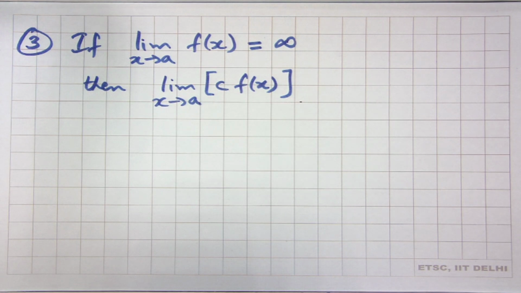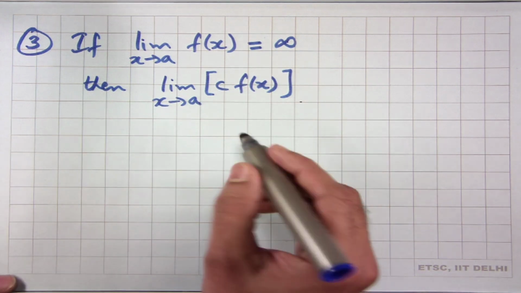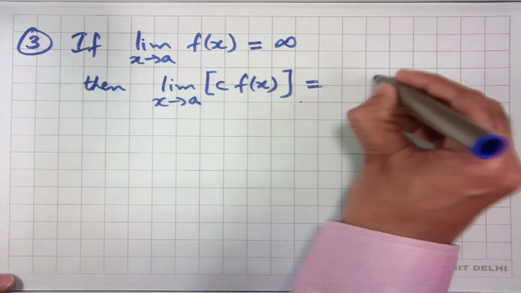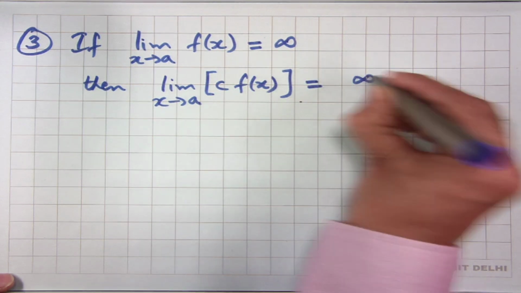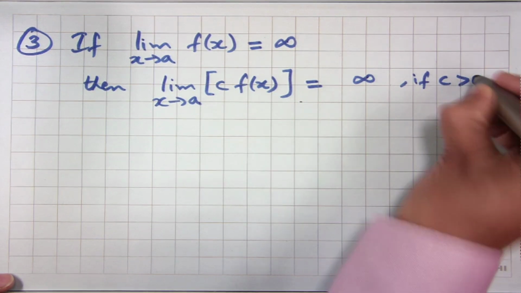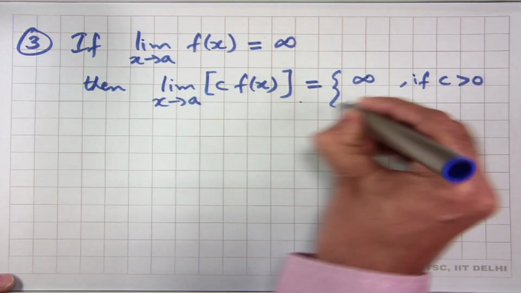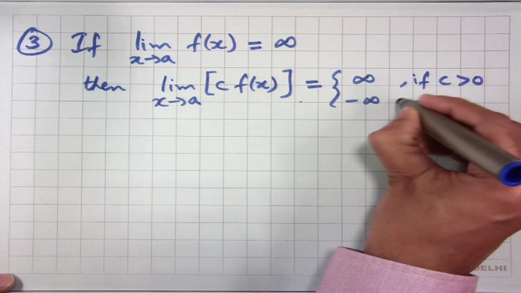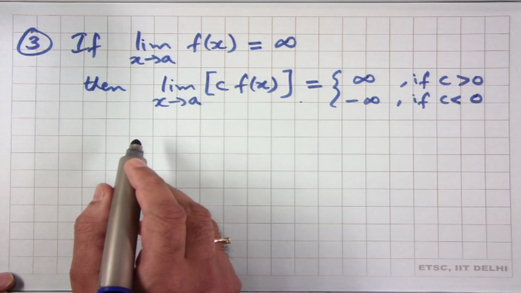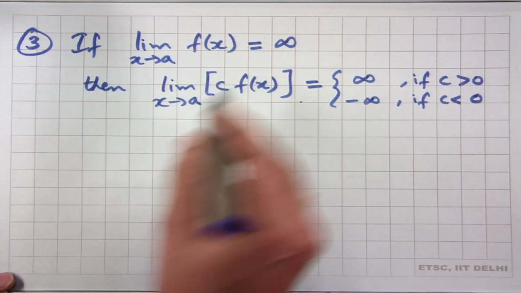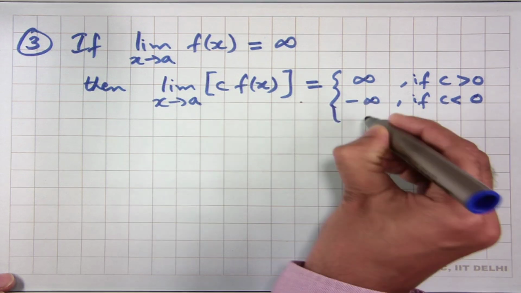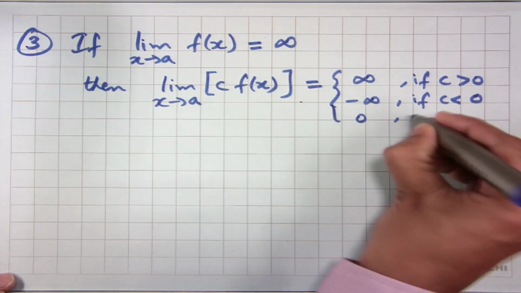Is it equal to infinity? What we will see is that this is equal to infinity if c is positive, and equal to negative infinity if c is negative. If c is 0, then c times f x is 0. So, of course, this is equal to 0 if c is equal to 0.